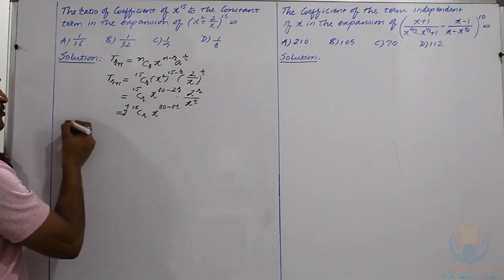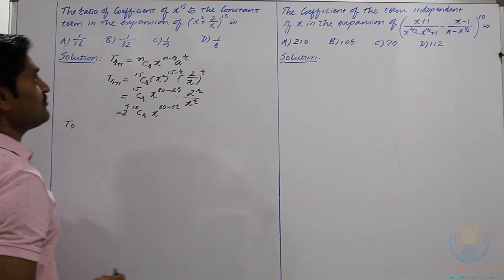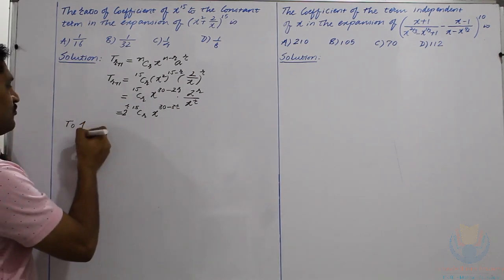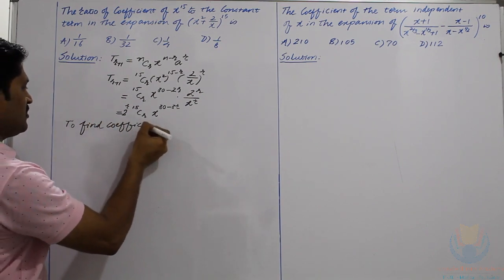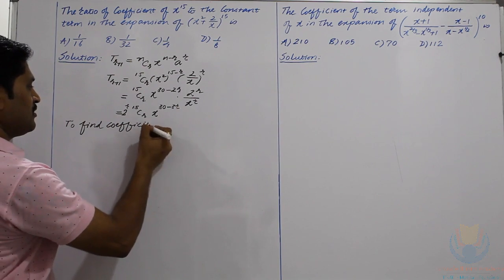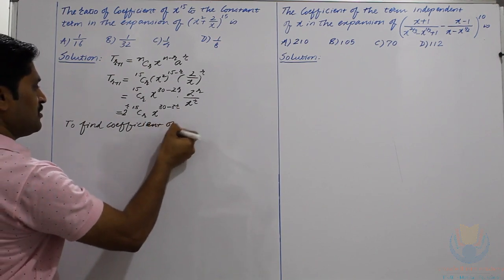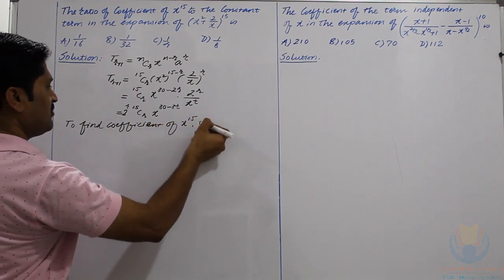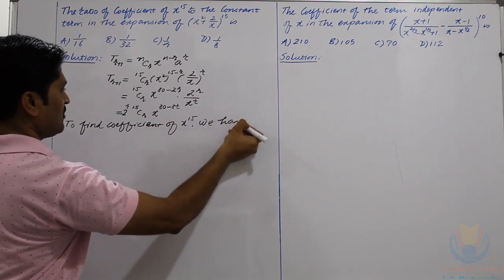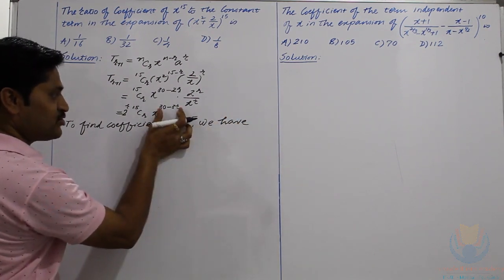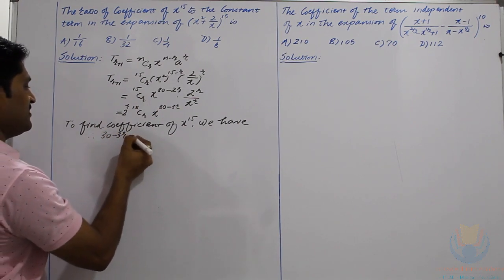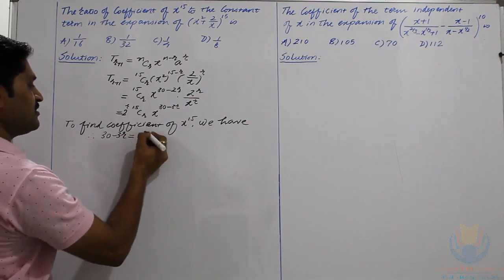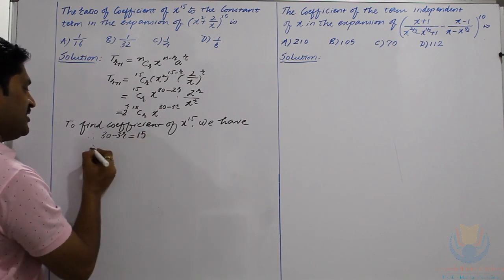Now we have to find the coefficient of x raised to 15. To find the coefficient of x raised to 15, we must have this particular index to be 15. So we will equate that index, 30 minus 3r, to 15. We solve the same linear equation.